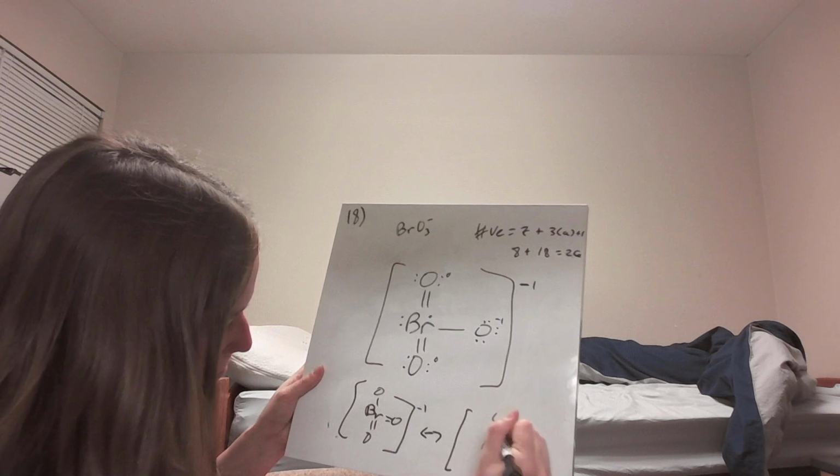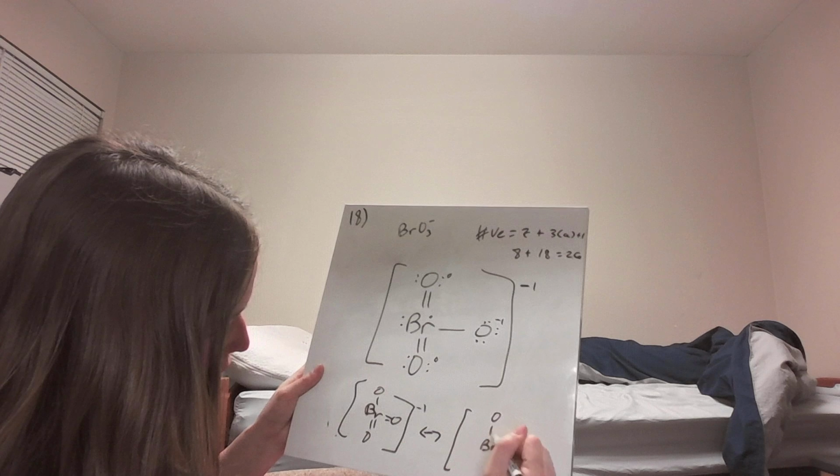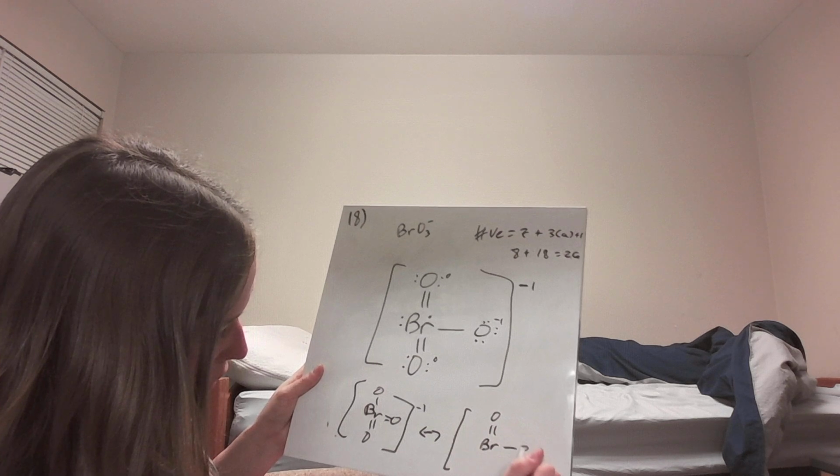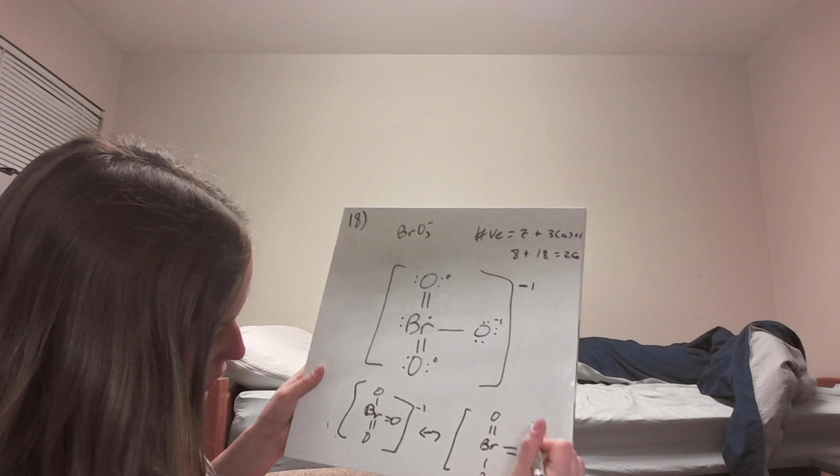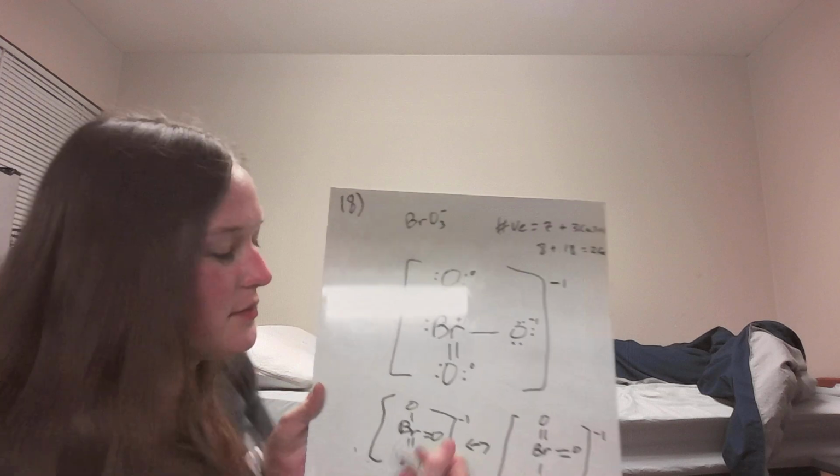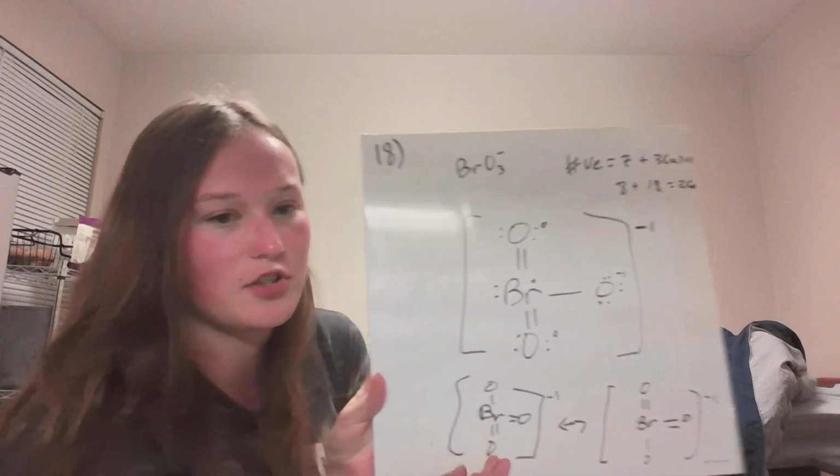So this, once again, only forms 3 resonance structures. We're looking for one that forms 4 resonance structures, so it's not going to work out.